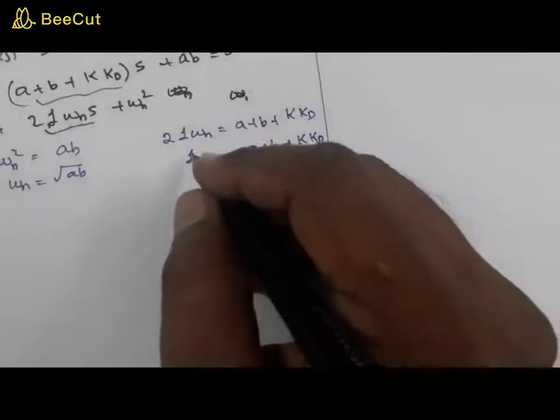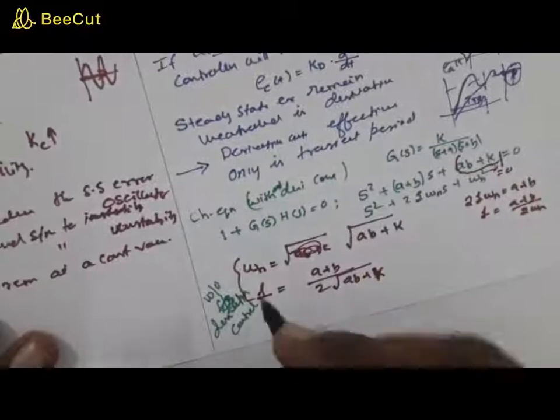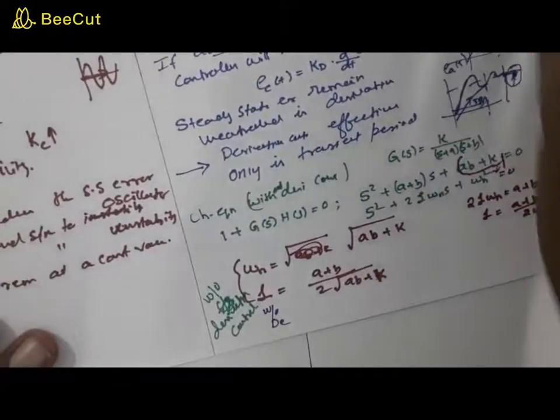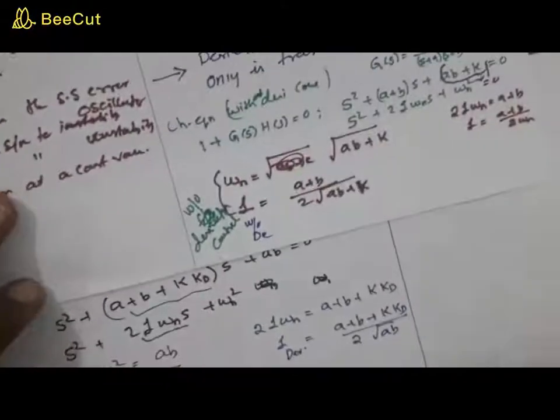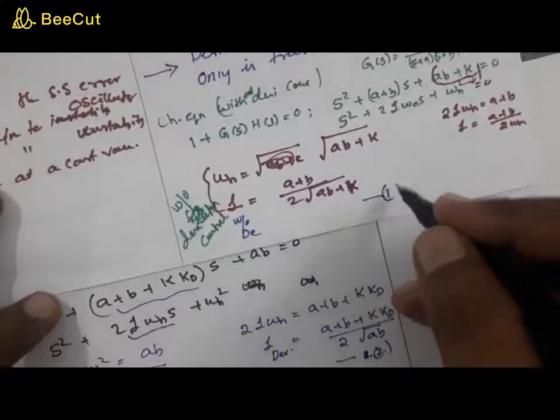So this is your theta with derivative control, while this is your theta without derivative control. Now let us compare these two equations. Let us call this equation 2 and this equation 1.